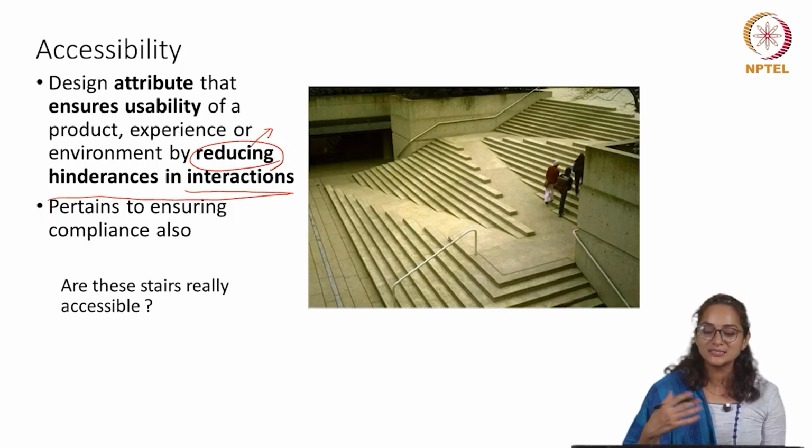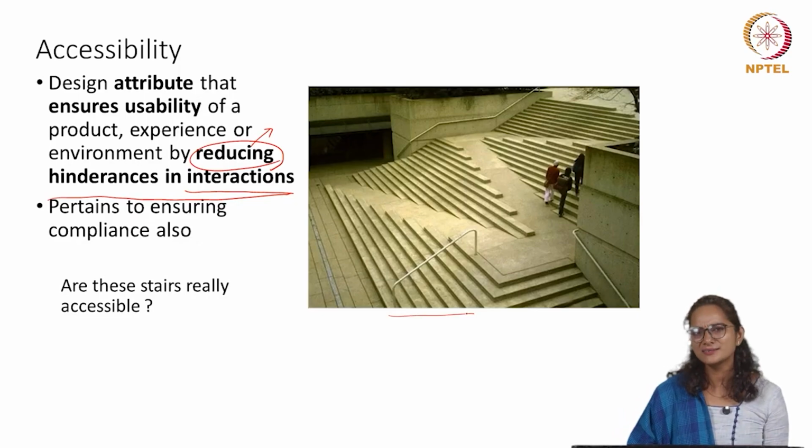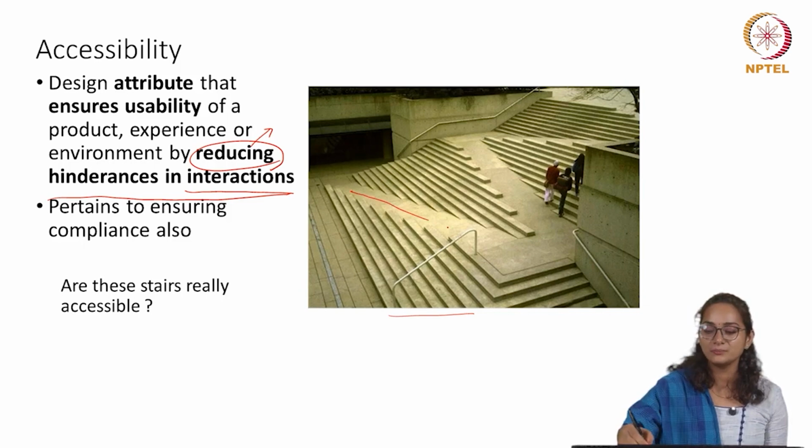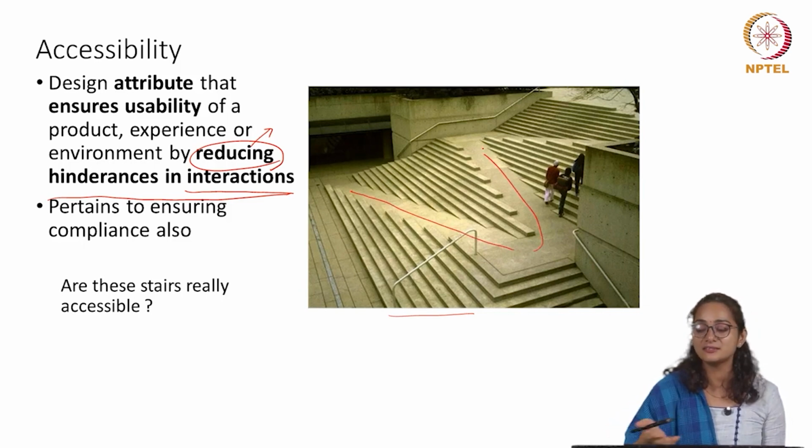Just to give you an example, if you look at this image, what do you think about this? Are these stairs really accessible? Because there is also a ramp, and these are very aesthetically pleasing, and the stairs are also there.